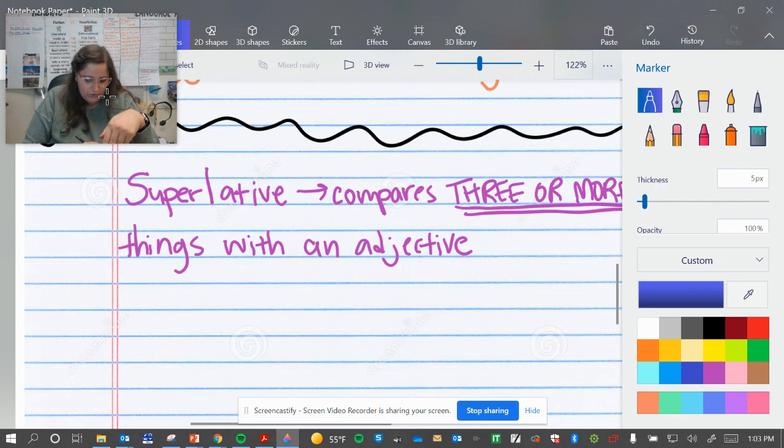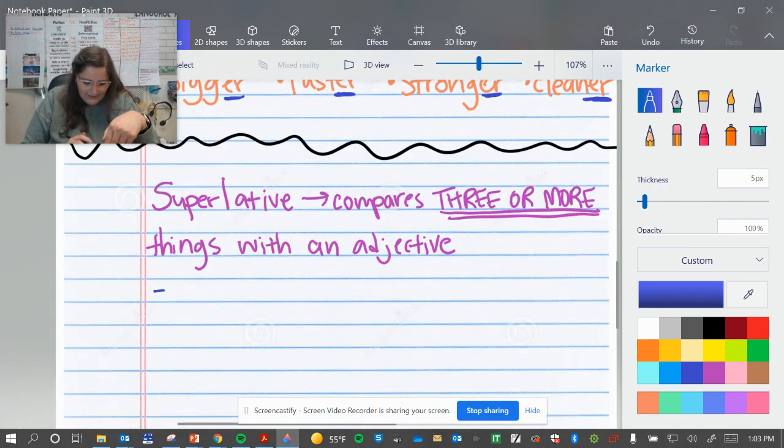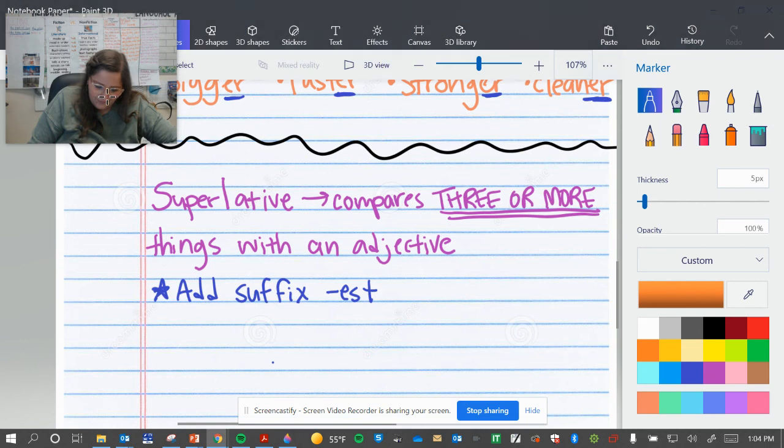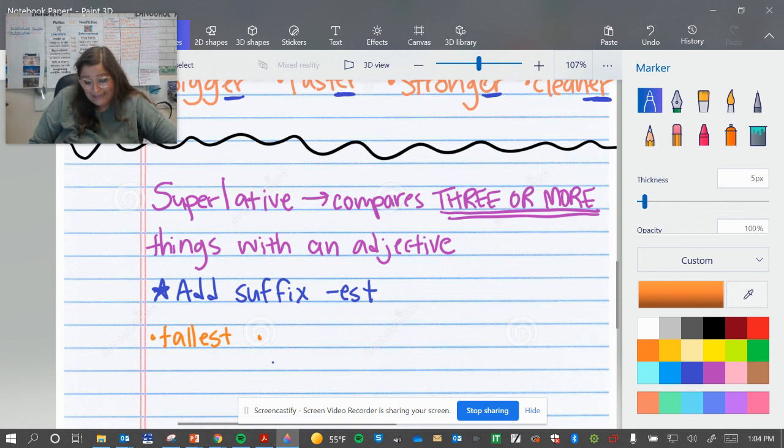So we're going to add a suffix, a little star, add suffix est. Remember, suffixes we add to the end of words to change the meaning of the word. Some examples: tallest, largest. We could say greenest. I have the greenest sweater on. Or smoothest. I was going to write easiest, but let's not do that one actually.